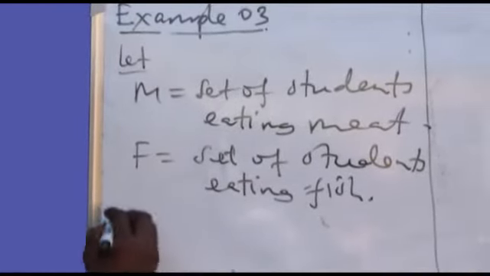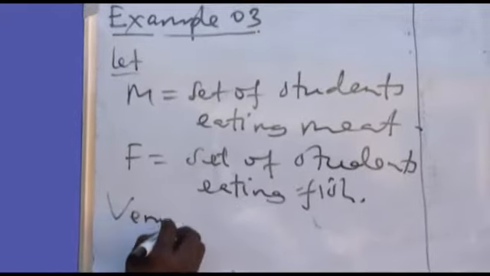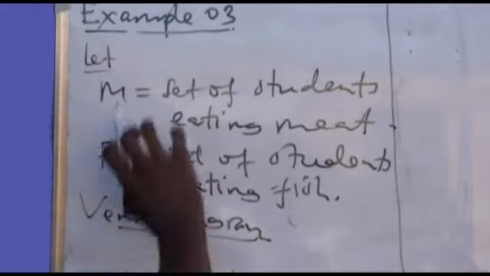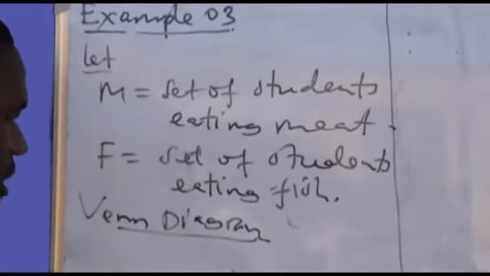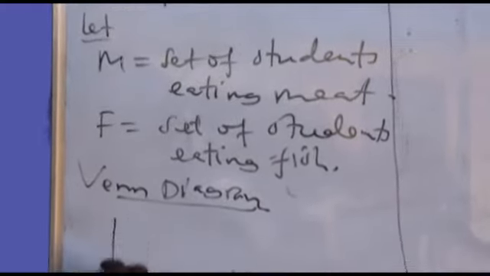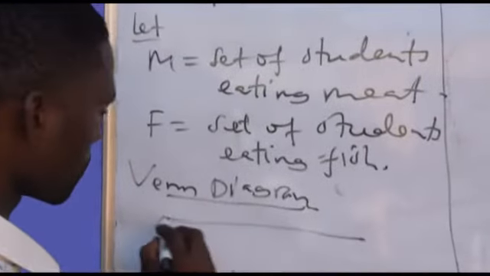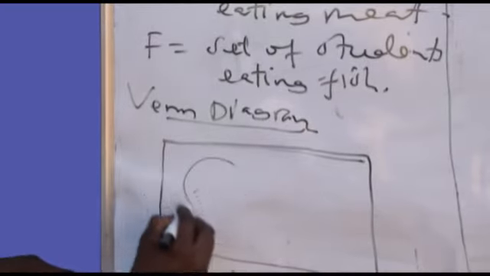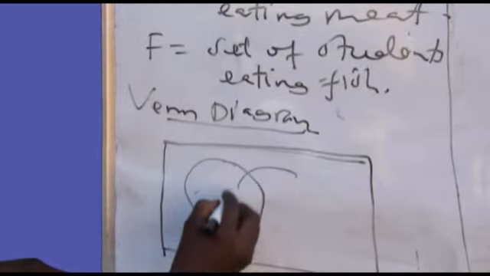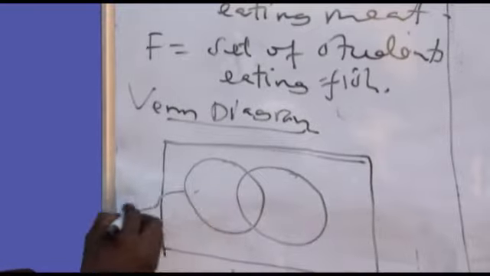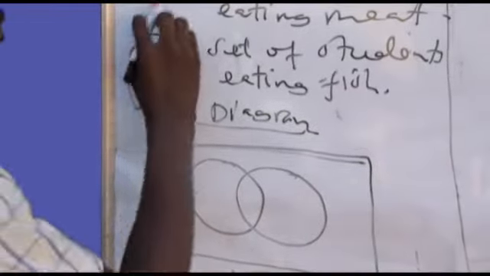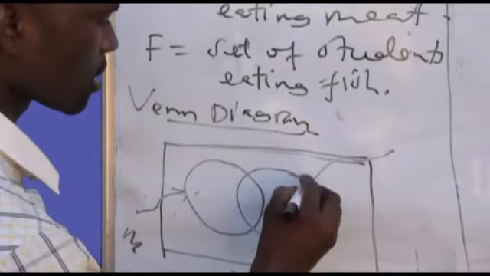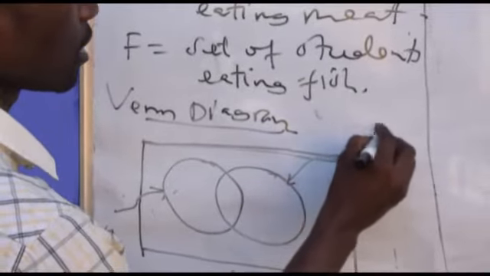From here now you can introduce a Venn diagram of the two sets M and F. That Venn diagram is supposed to be this. You have two circles. Call the first one set M, and call this set F.